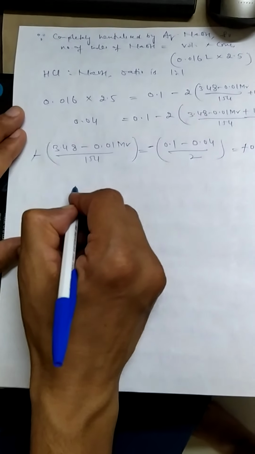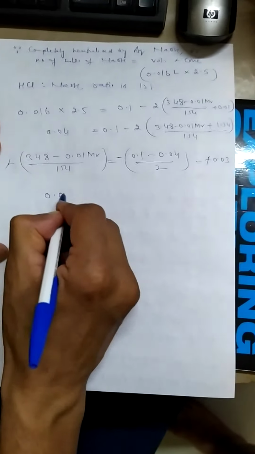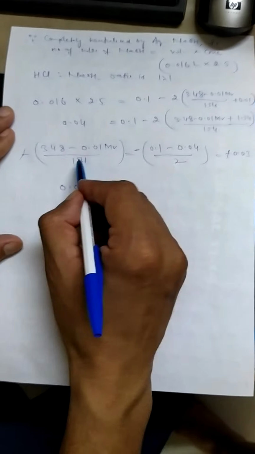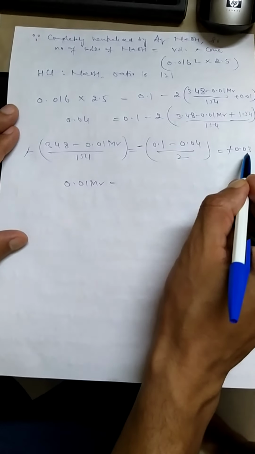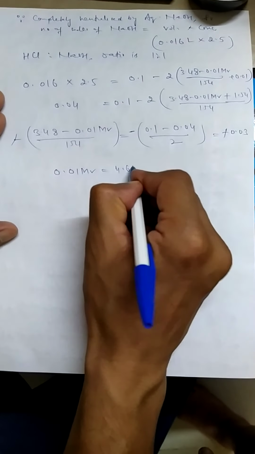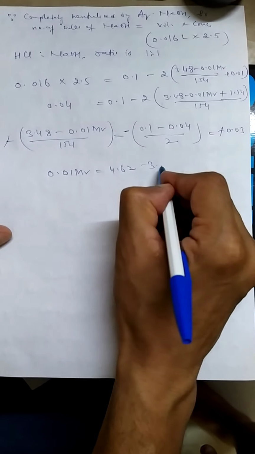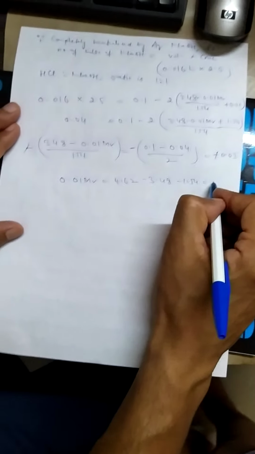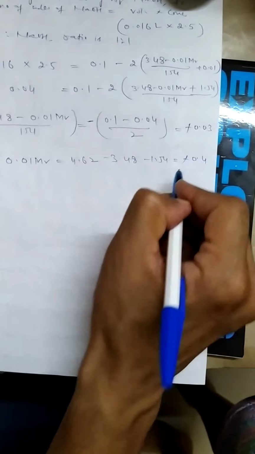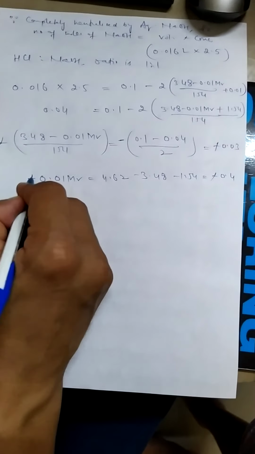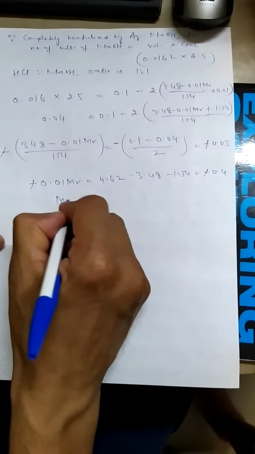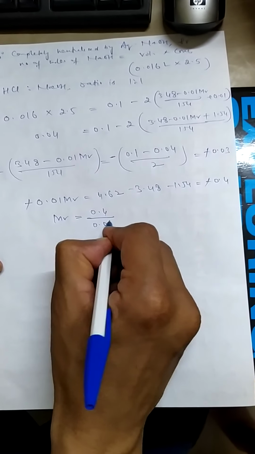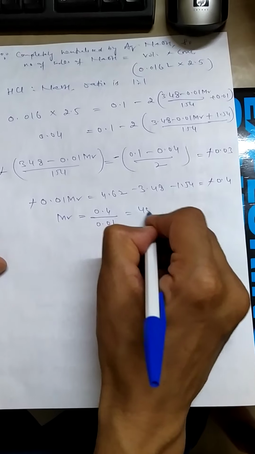This becomes 0.01 Mr equal to, if we put 3 times 154 into 0.03, so it becomes 4.62 minus 3.48 minus 1.54, and that becomes minus 0.4. So minus and minus cancel. So Mr is equal to 0.4 divided by 0.01, that is 40.